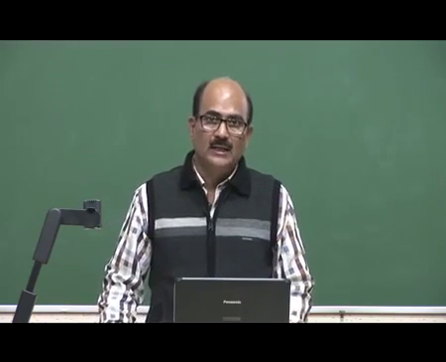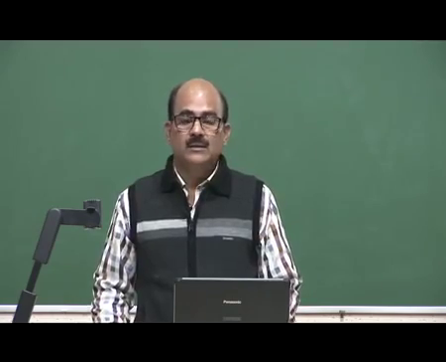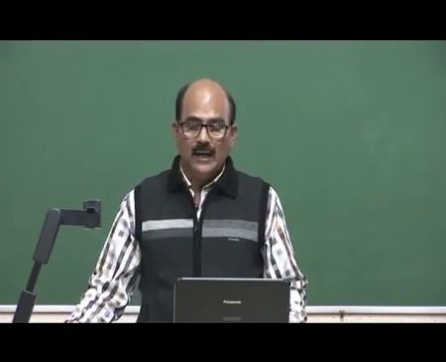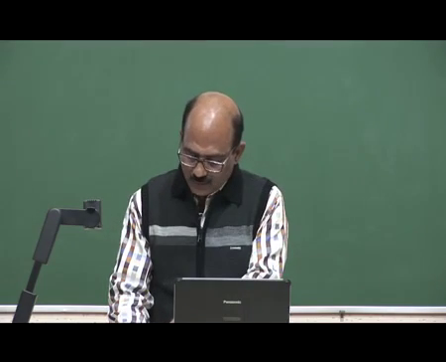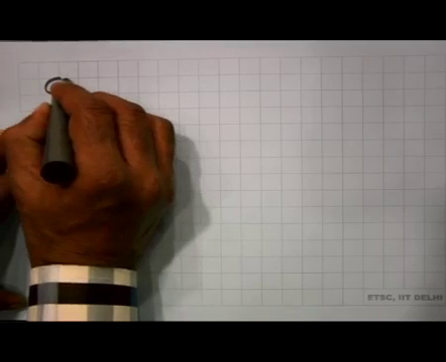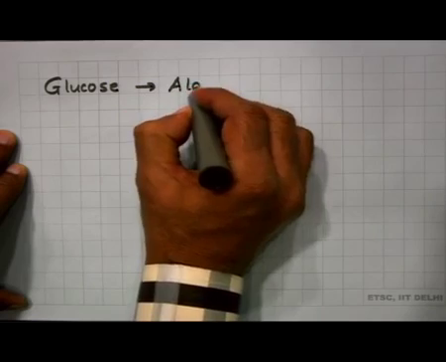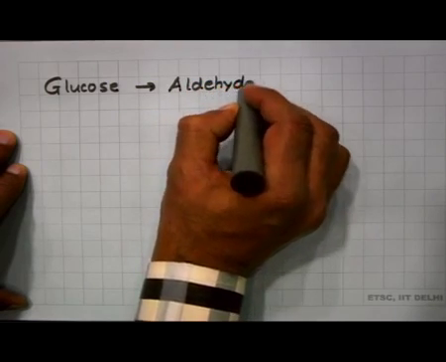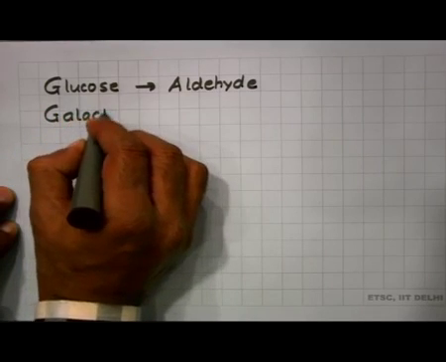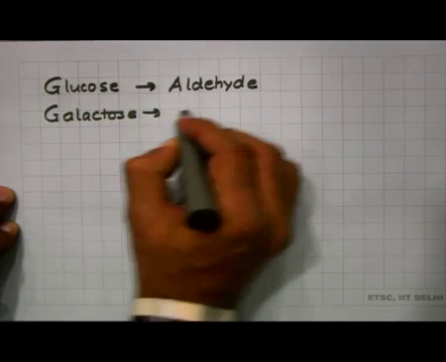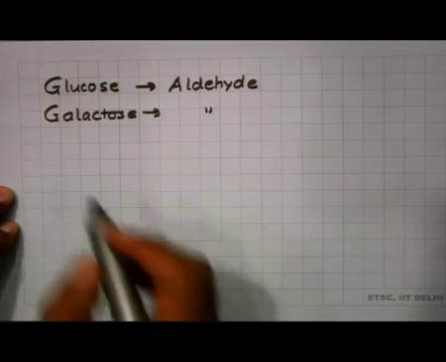All the hexoses are classified into 2 broad categories, that is aldose and ketose. I have already discussed the structural formula of glucose, which is an aldehyde. I have already discussed galactose. It is also a type of hexose that contains an aldehyde group.